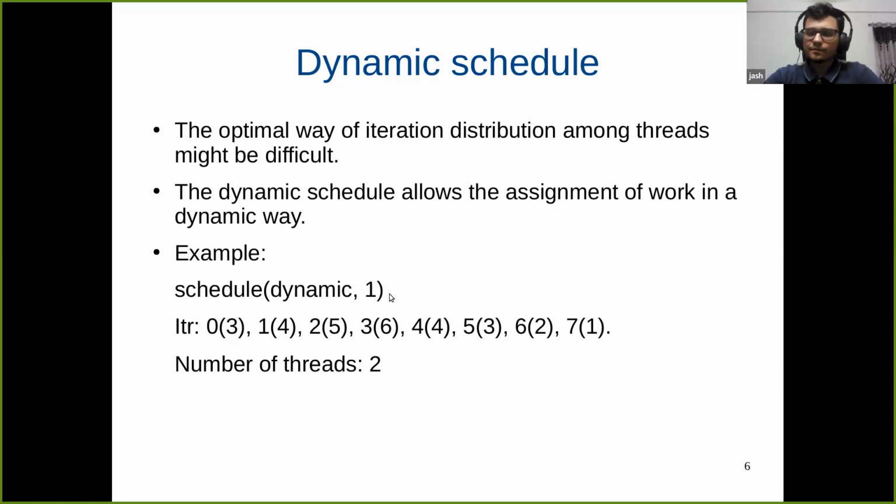The issue here is that when you do this #pragma omp parallel for followed by any schedule, whatever scheduling you pick up, it will assign a particular iteration to a particular thread only. So that is the issue. Let us say there was a particular iteration which had huge work to be done, and others had very little work.